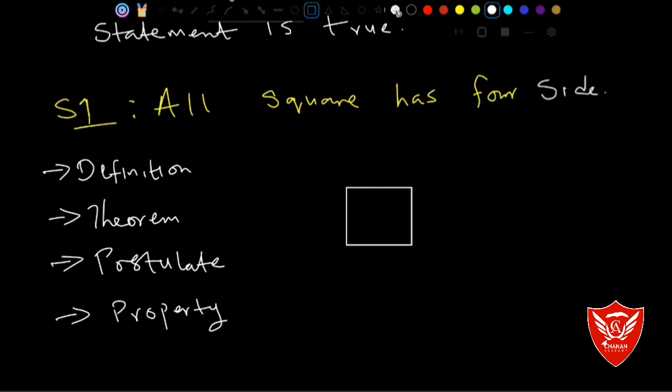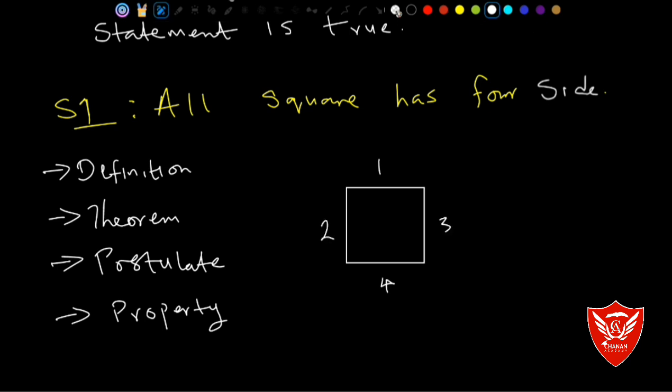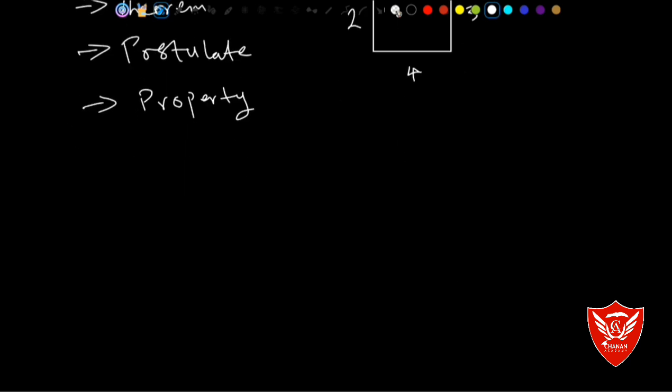Now, this is a square. From the property of a square, we already know that a square has four sides. 1, 2, 3, 4. So it means that the statement is correct. So it's a justification that a statement that has been made is true by a definition, a theorem, a postulate, or a property.